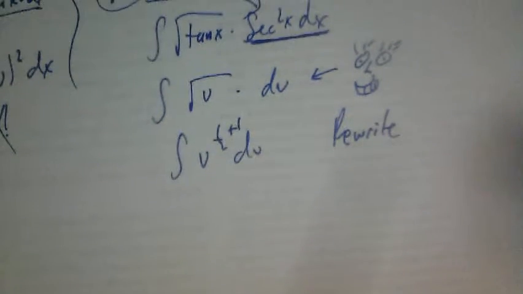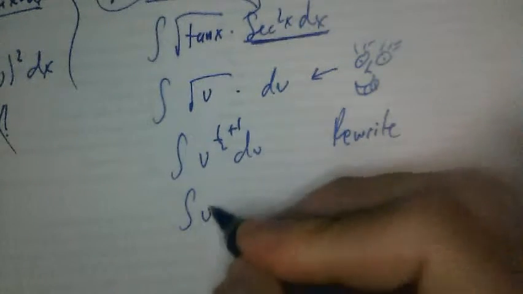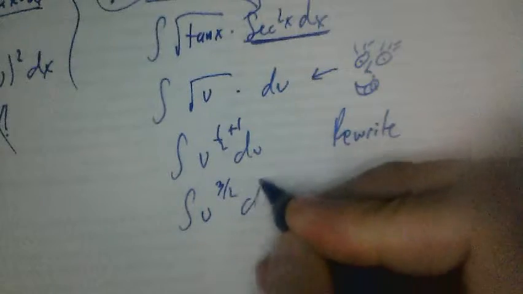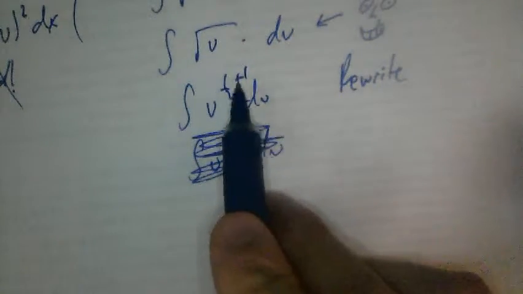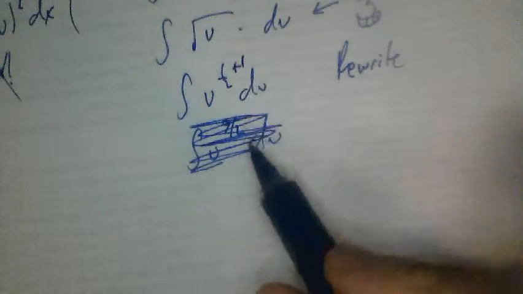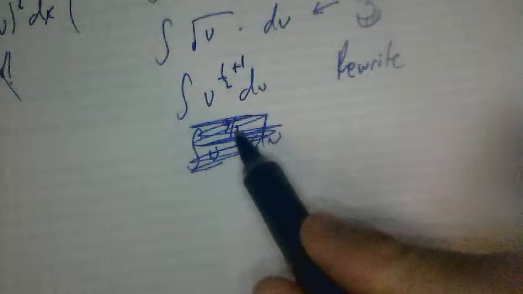Once you add 1, you write that exponent on the antiderivative, not on the integral. So it becomes u to the 3 over 2 times the reciprocal of 3 over 2, which is 2 over 3, plus c.